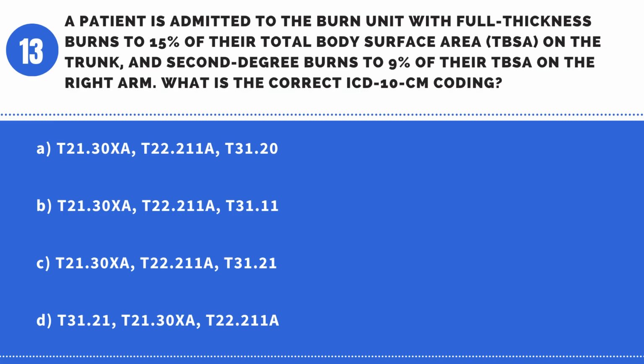Question 13. A patient is admitted to the burn unit with full-thickness burns to 15% of their total body surface area, TBSA, on the trunk, and second-degree burns to 9% of their TBSA on the right arm. What is the correct ICD-10-CM coding? A. T21.30XA, T22.211A, T31.20.